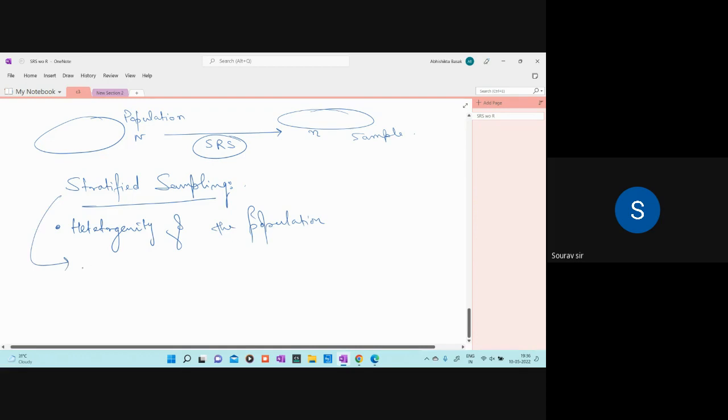It actually divides the population into, can I write, homogeneous subgroups? Yes, ma'am. It's dividing this population into homogeneous subgroups. Okay, so what is the utility of that? How am I going to use it?